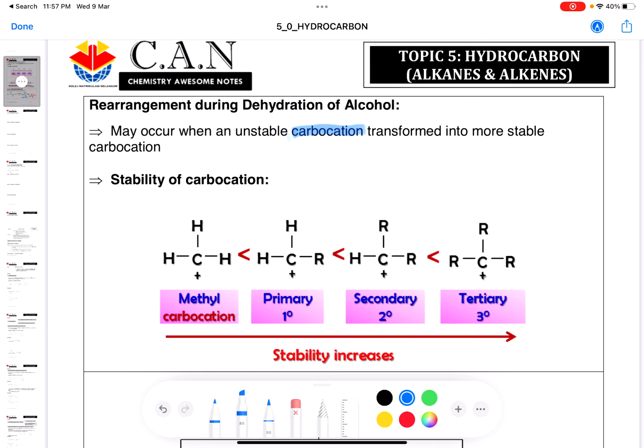One of the characteristics of carbocation is that it likes to do rearrangement to get a more stable carbocation. So most likely if you get a primary carbocation, you can rearrange it to secondary or tertiary, or from secondary to tertiary, which is a more stable carbocation.